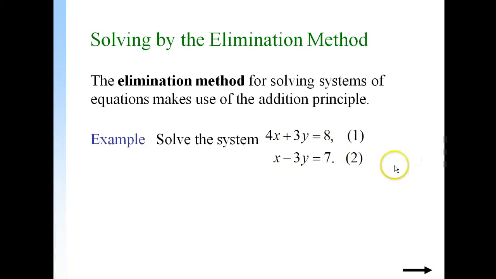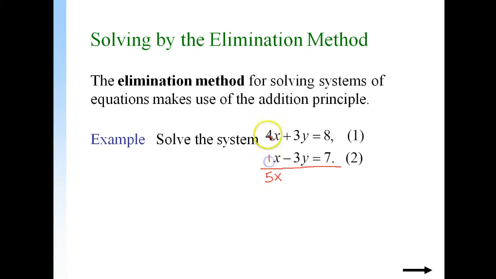The key protocol to set it up, the strategy, is to put them in standard form. Well, they're both in standard form. Now, as we look at them, if I draw a line underneath them, I notice what can happen to my y's here. If I add these together, I get 5x.